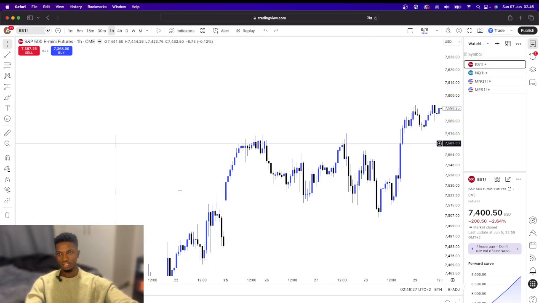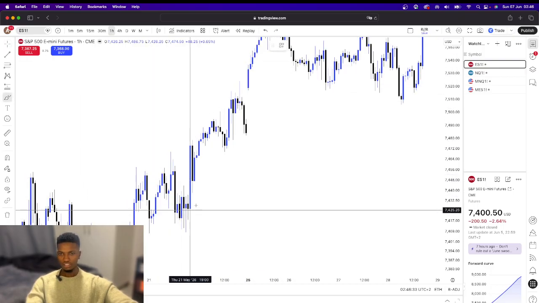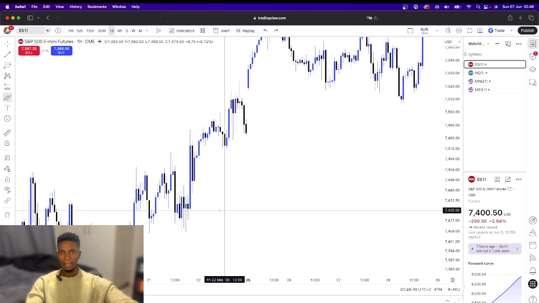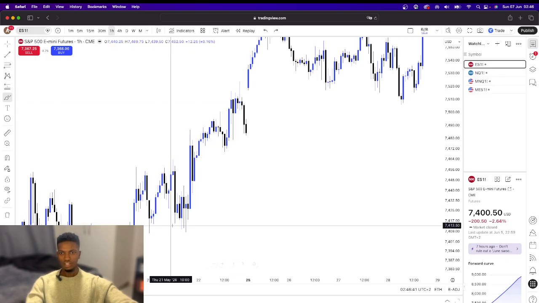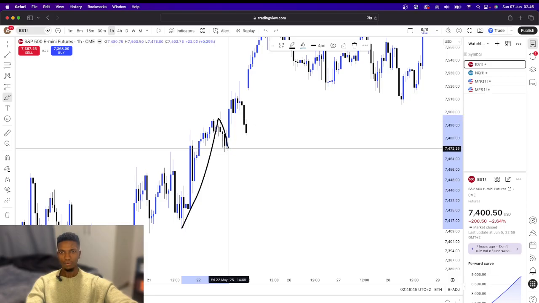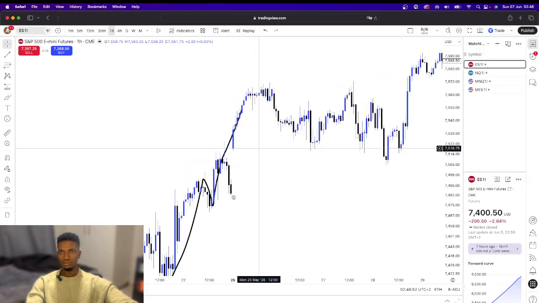So let me show you a live example. People will say, for this to be from here to there, for it to be an uptrend, we only have this low here, and then our higher high is up there, our higher low is down here, higher high probably all the way up here.